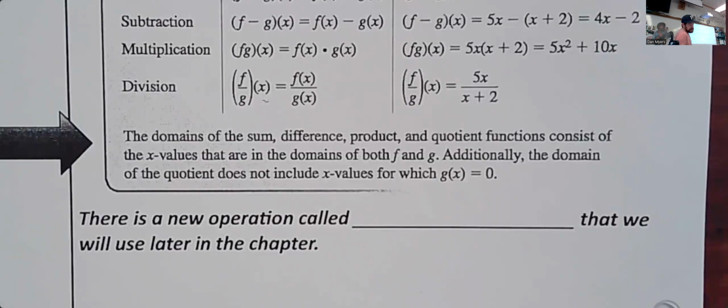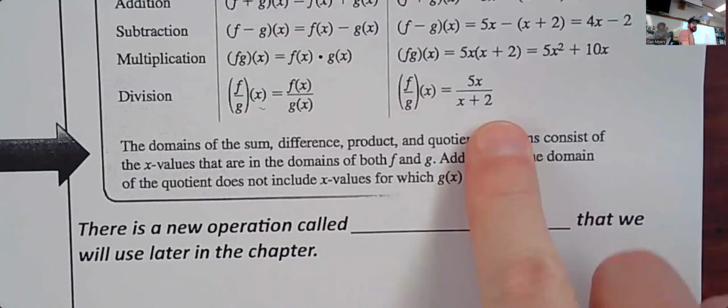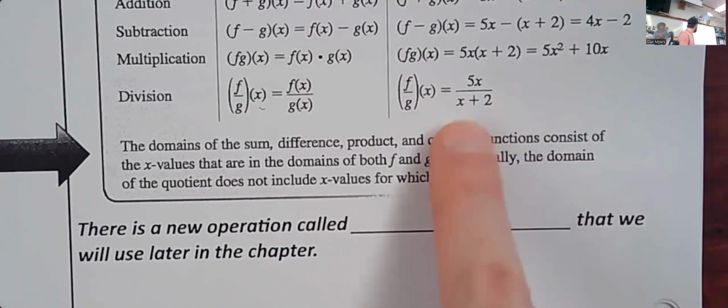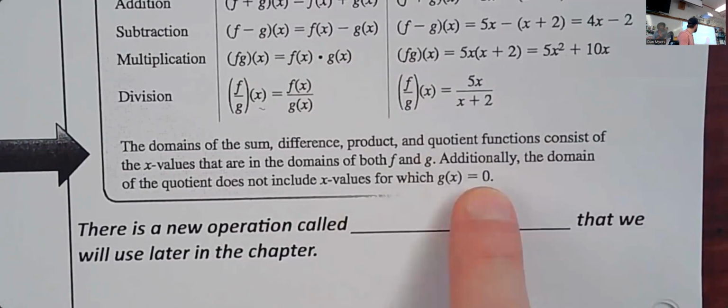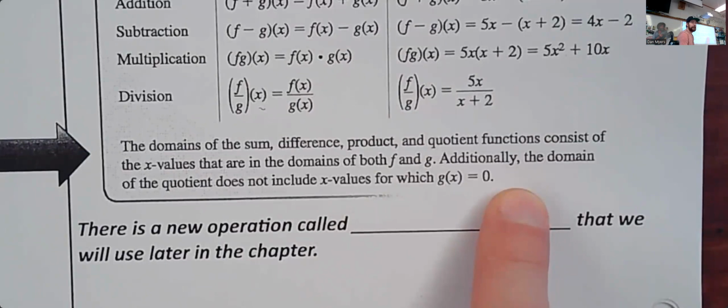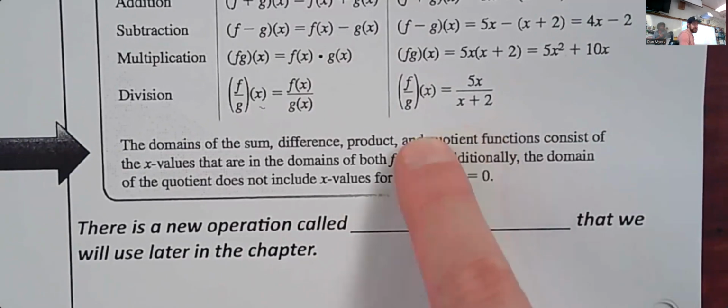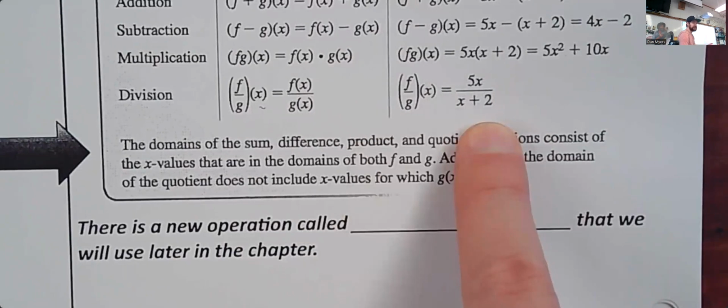Additionally, the domain of the quotient does not include, so we're talking just quotient here, the domain of the quotient does not include x values for which g of x is equal to 0. So what that means is, we are not including any values of x that make g of x, the denominator here, equal to 0. So basically, what value of x down here makes this function equal to 0?